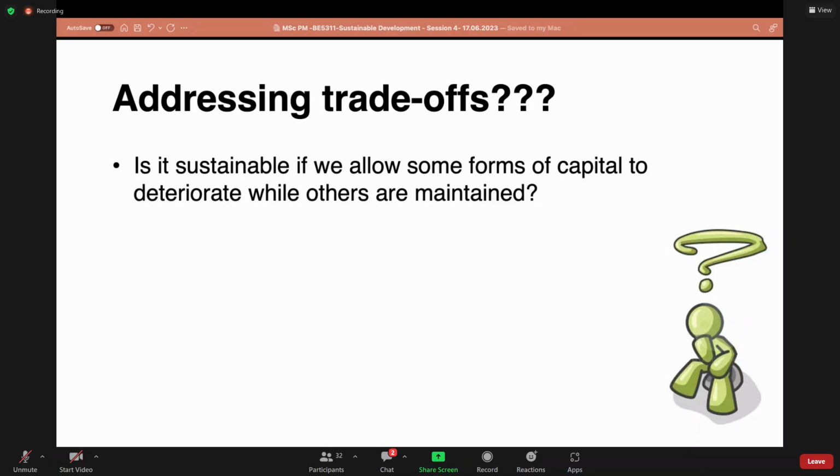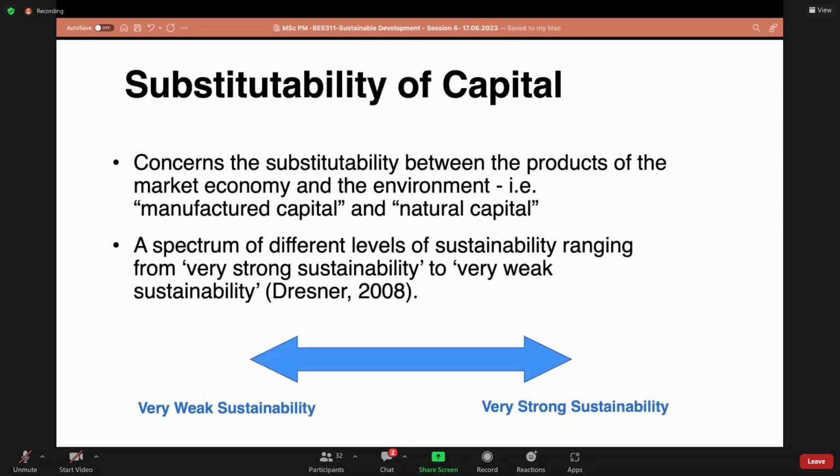In that model, the question is, will it still be sustainable if you allow some forms of capital to deteriorate while you maintain other forms of capital? So you're basically checking whether these different forms of capital are substitutable or not.